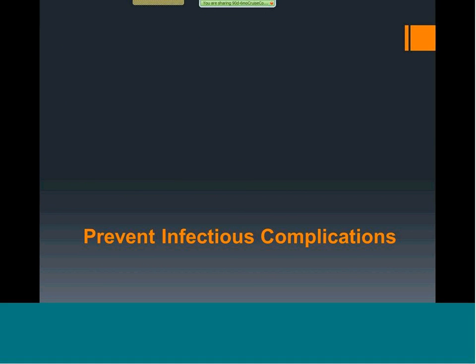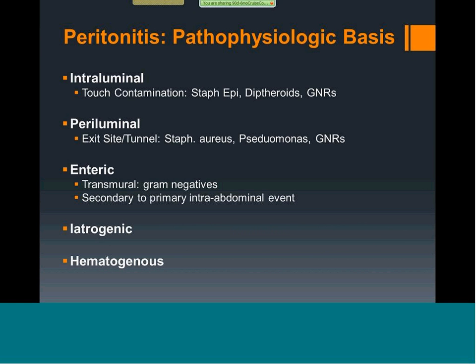So again, I'm just going to focus on two issues. One is infections and the other is residual renal function. So let's just talk about preventing infectious complications. To prevent infectious complications, we have to know how infections get into the peritoneal cavity. The most common reason for infection to occur is intraluminal.